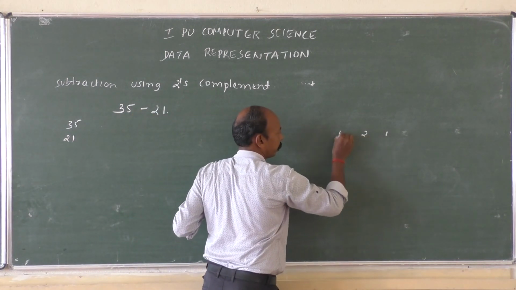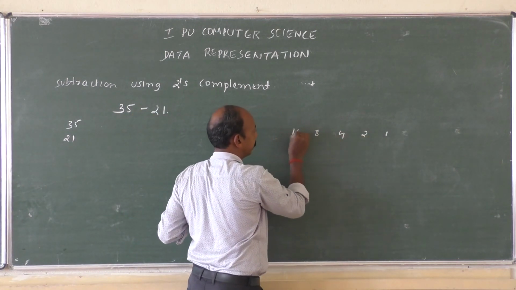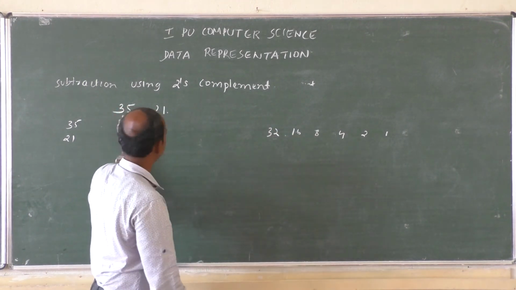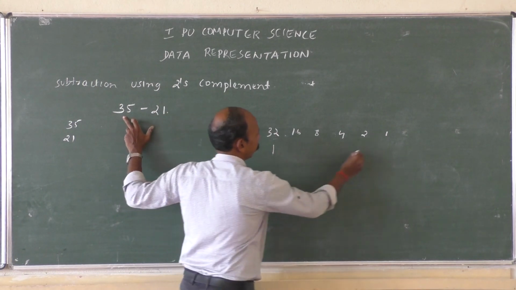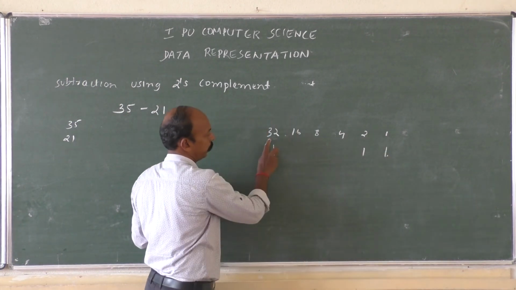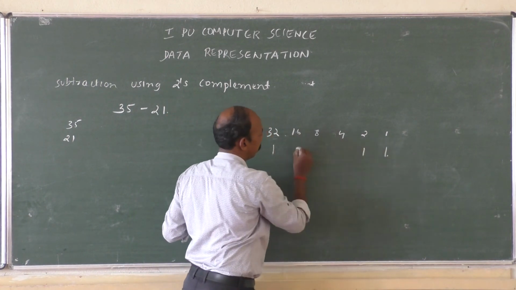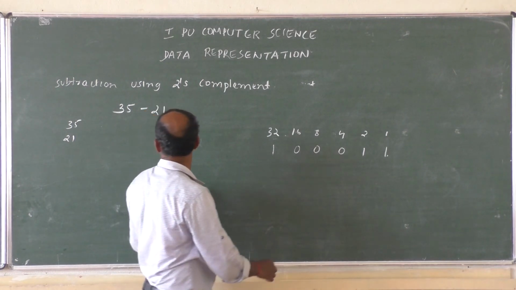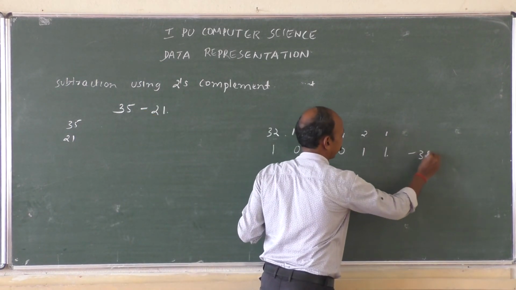1, 2, 4, 8, 16, 32. 35: 32, 34, 35. That is 35.